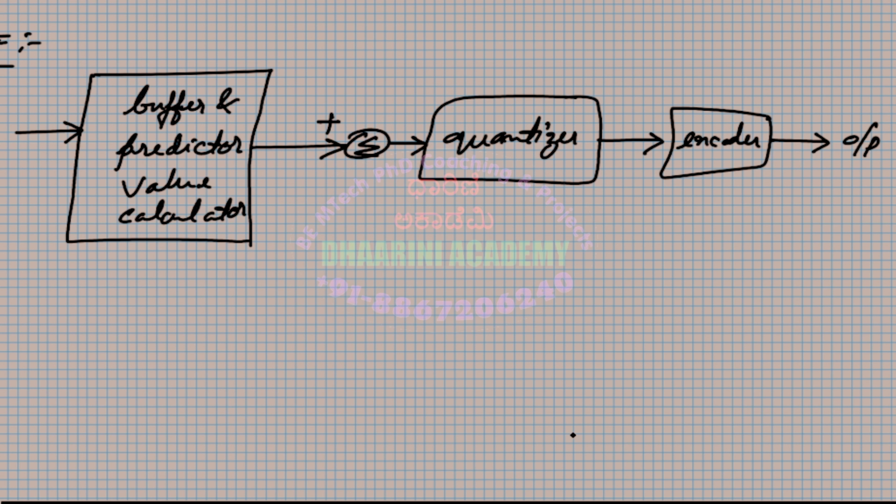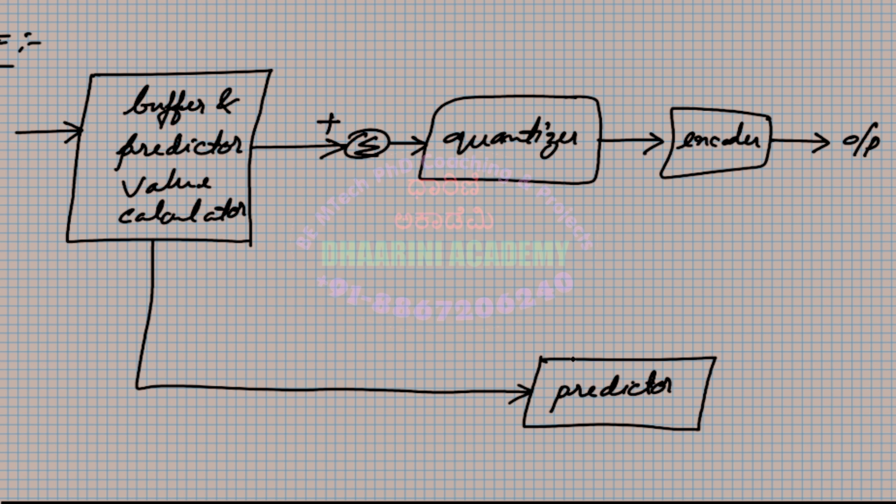Now you see there is a part which is called a predictor. From this calculated value, we are taking an input to the predictor. Whatever the prediction calculation that's going to happen will come to this. Now from this we have two parts. One, its output will go to this, and the same thing will be collected and we will be adding them.